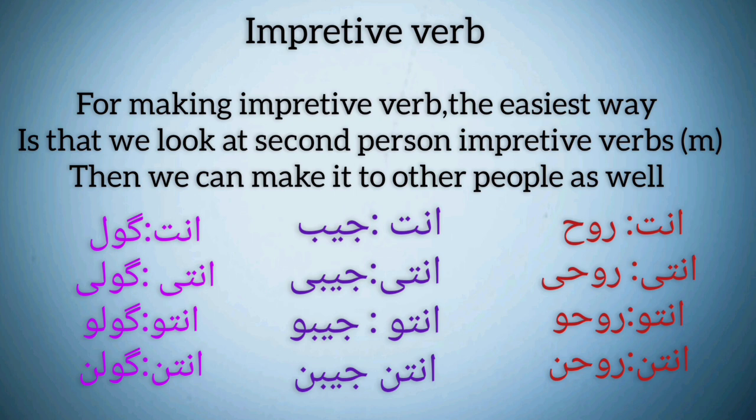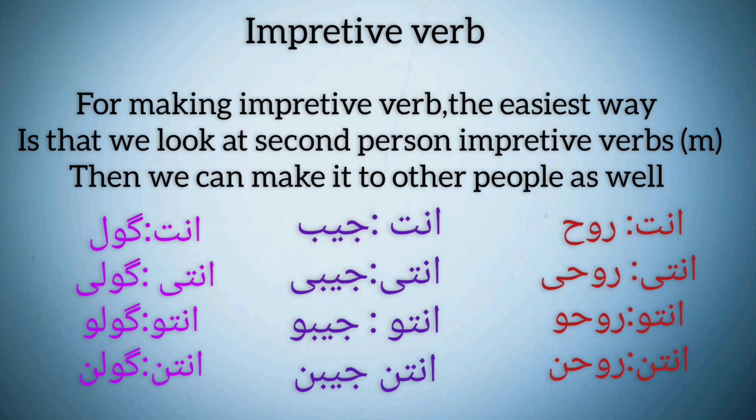But you have to know that in English, when we make an imperative verb, when we say go, it refers to anybody: female, masculine, plural. But in Arabic, there are differences. We have to make some changes in verbs. For female, we say روحي. It means go, but for female.